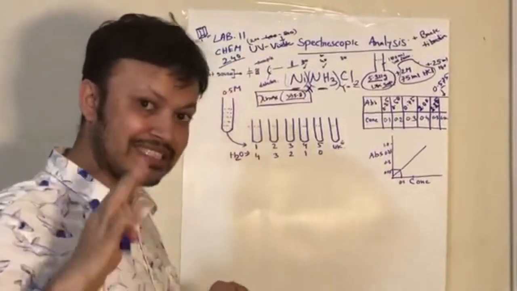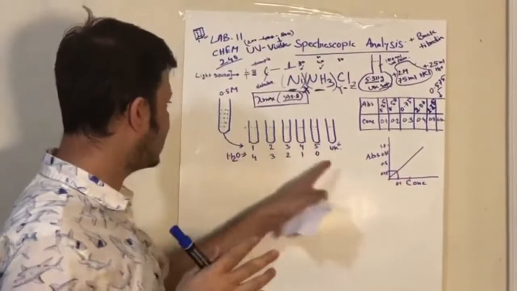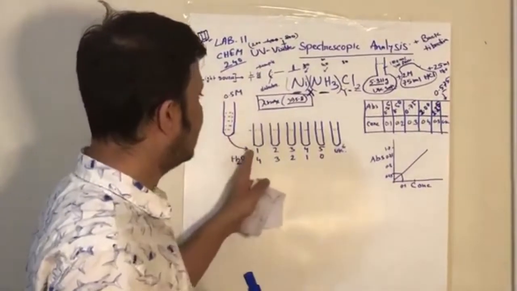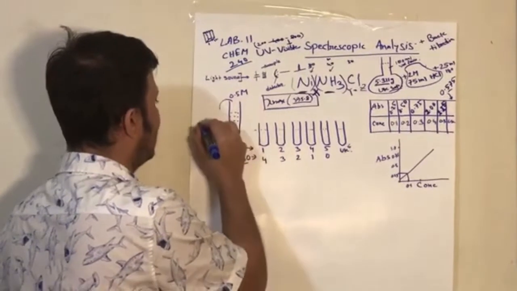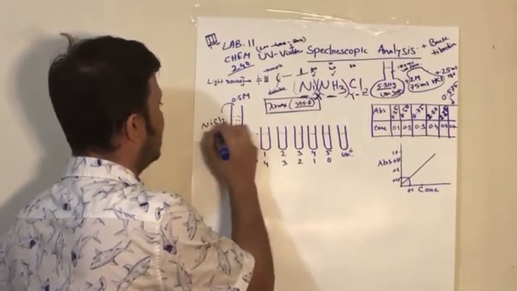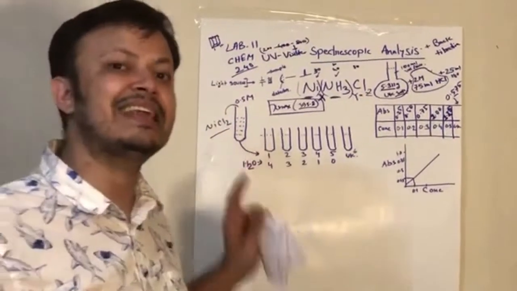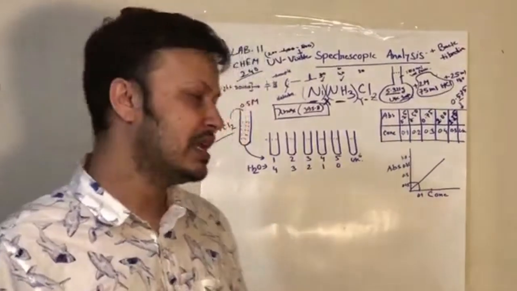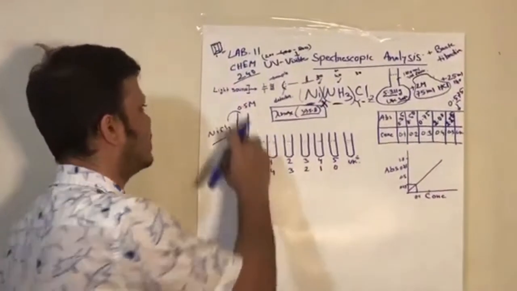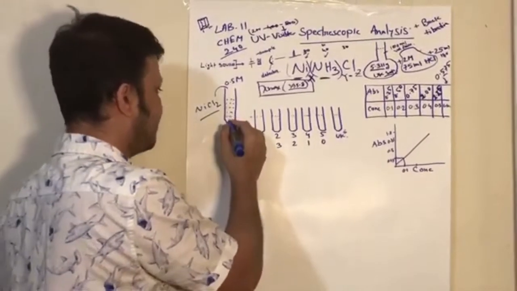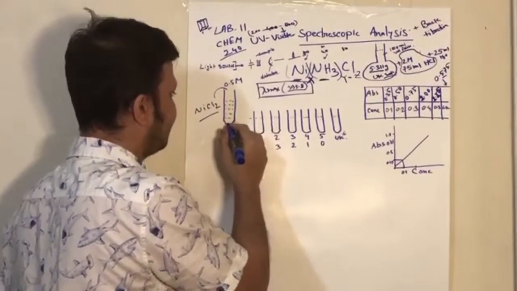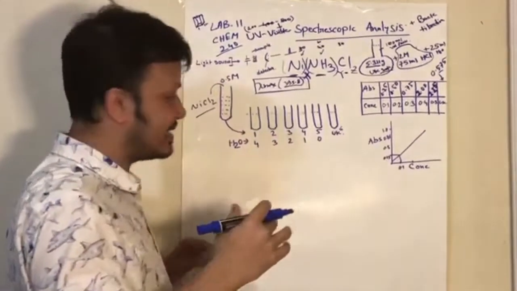We provide you the 6 test tubes, and there will be a nickel chloride solution. This is the standard solution we will give you, a nickel chloride solution of 0.5 molar. From here, we will take and you have to make a standard curve.